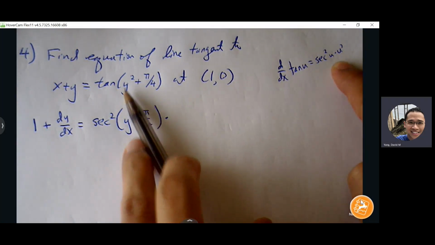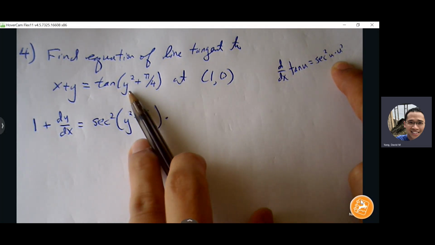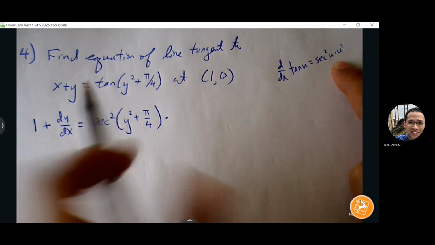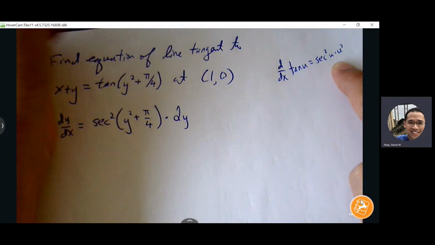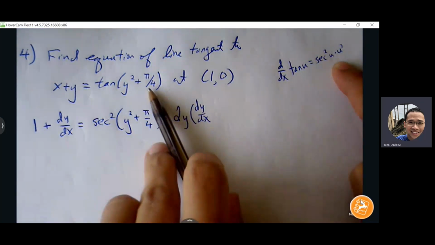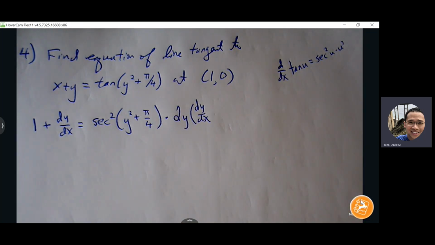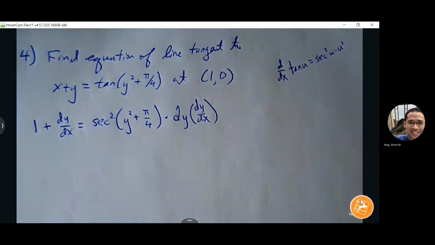U prime is the derivative of everything inside the parentheses. Okay, so one term at a time, y squared becomes 2y dy dx. And how about the pi over 4? Goes away, right? That's a constant, right? Pi is not a variable. Pi over 4 is a number. That number goes away, just 0.